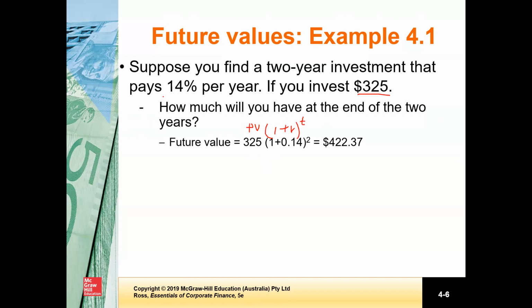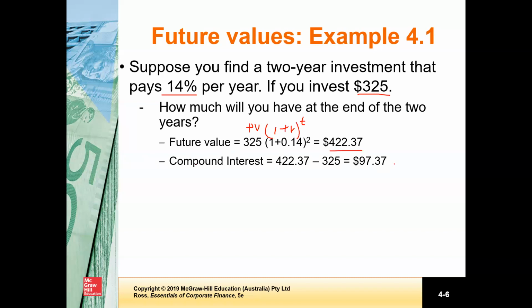R is the interest rate and t is the time period, which is 2 years. If we solve this, we find that it is 422.37, which means that if we invest $325 today and earn 14% interest, the value of this investment will be 422.37 after 2 years.